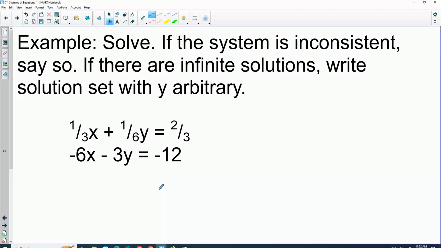I gave you this one. Alright, if I want to cancel x, what would we have to multiply by?